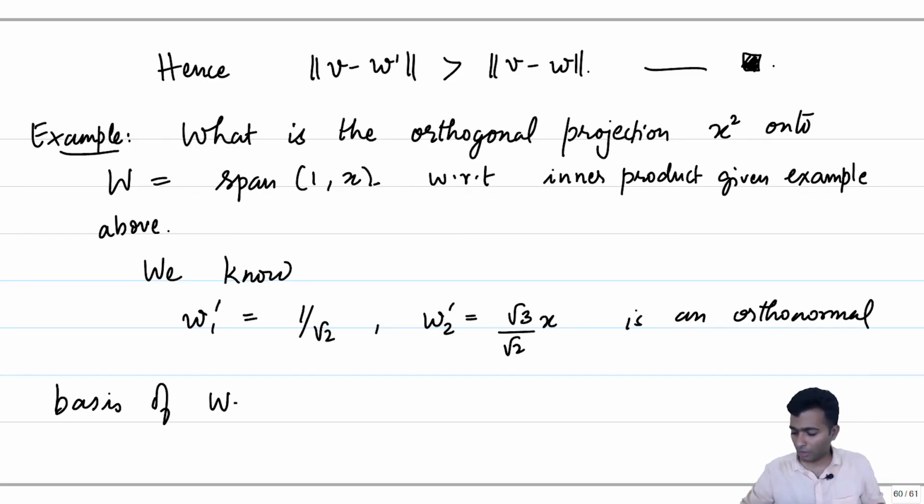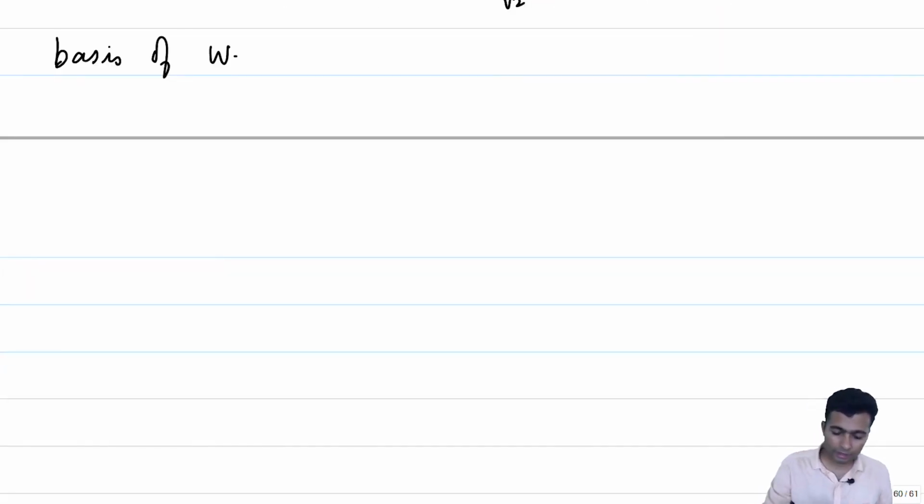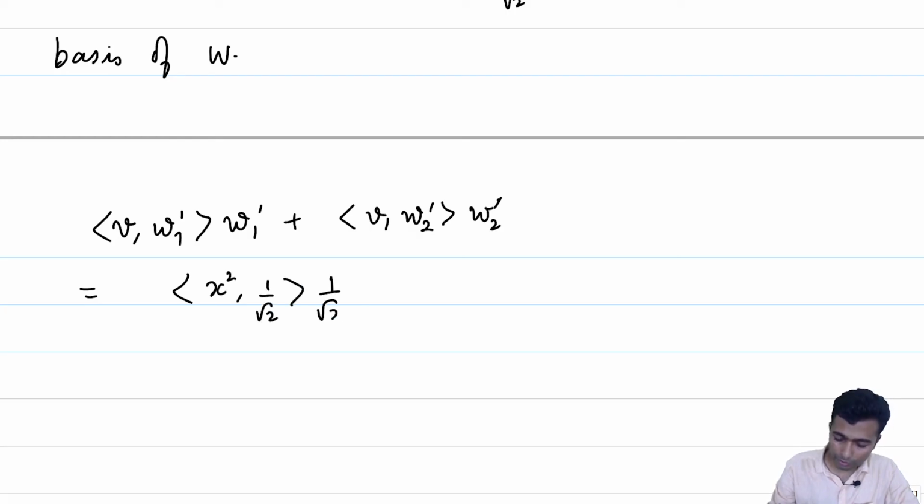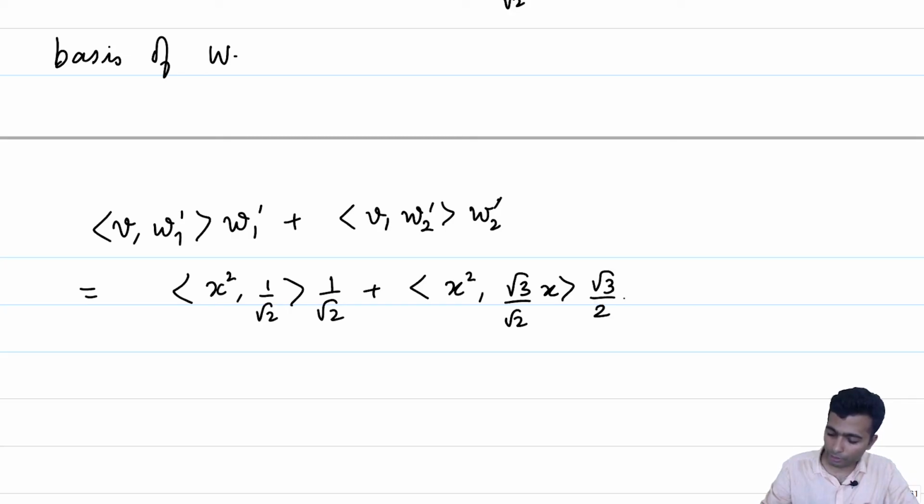Of W, and we can check that the orthogonal projection will just turn out to be v inner product with w1 prime times w1 prime plus v inner product with w2 prime times w2 prime, which is the inner product of x square with 1 by root 2 times 1 by root 2 plus the inner product of x square with root 3 by root 2 times x, times root 3 by root 2 times x. I have already done the calculations here.